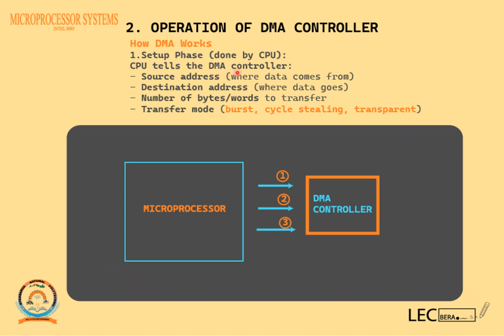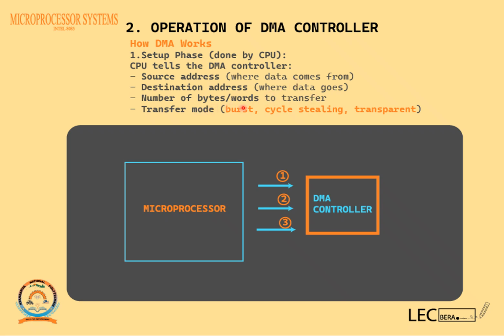So the CPU tells the DMA controller the source address, that is where data comes from, whether the data is coming from input output devices to the memory, or from the memory to the input output devices. And then we are going to share the destination address where the data goes. So we are going to share the two addresses, where the data comes from and where the data goes.